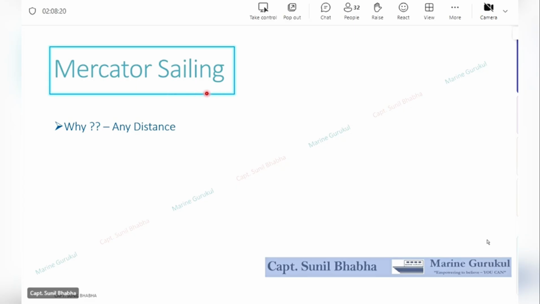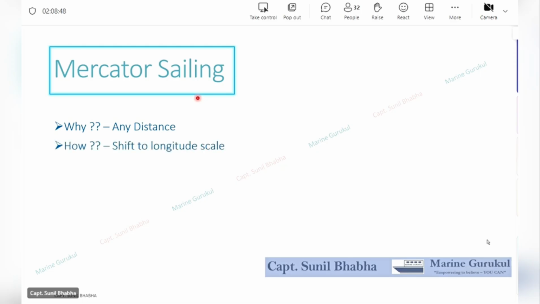Now, Mercator sailing can be used for any distance. Mercator sailing is equally accurate for distances less than 600 as well as greater than 600 miles. Or in other words, when we do Mercator sailing, the curvature of the earth is accounted for, giving us more accurate courses, distances, and positions.